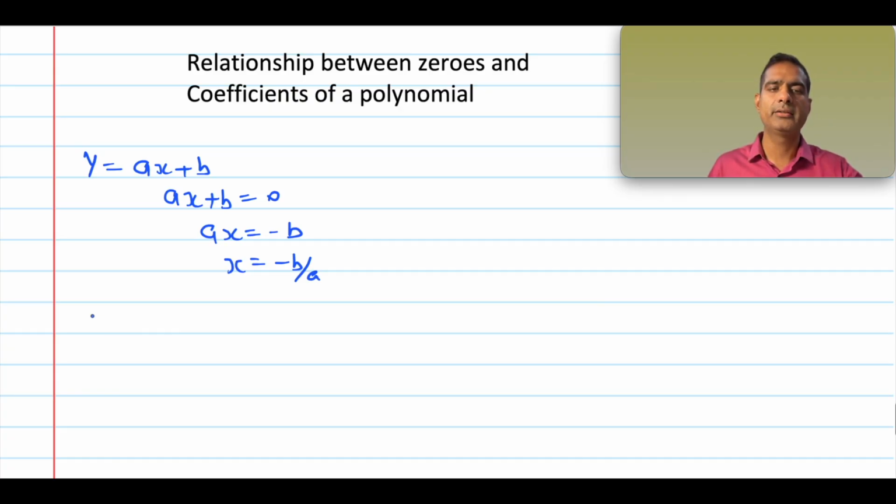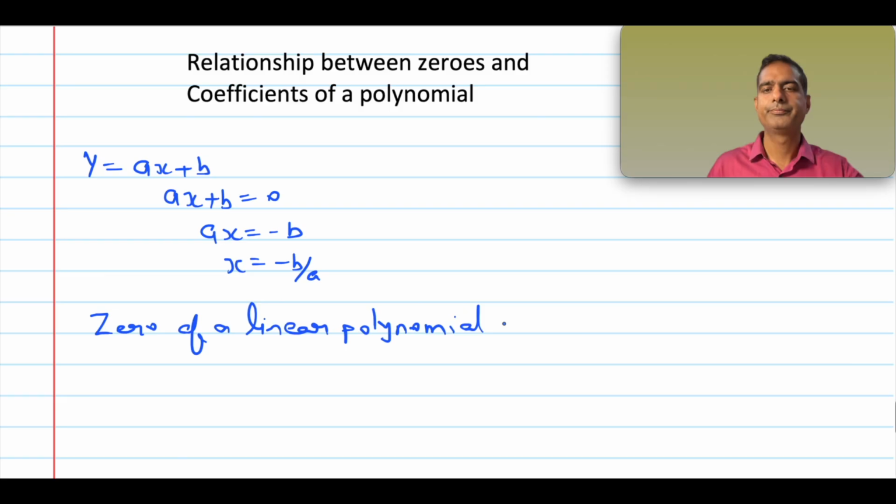So we can write, zero of a linear polynomial ax plus b is equal to negative times b, where b is the constant term, so negative times the constant term, divided by a, where a is the coefficient of x.